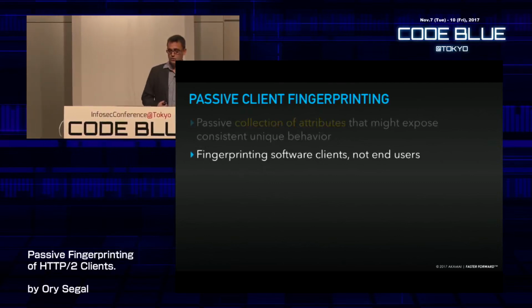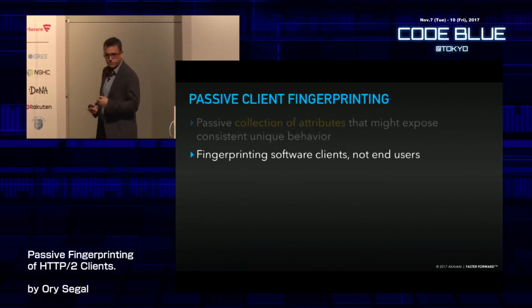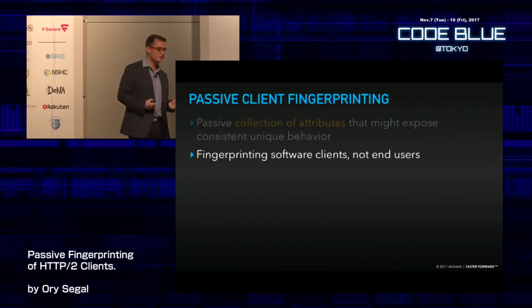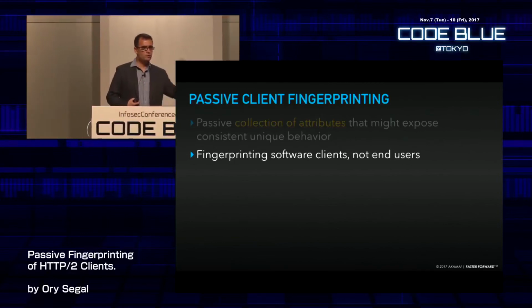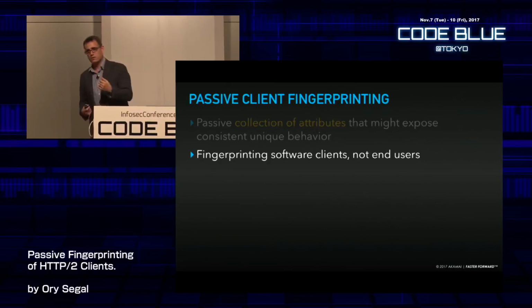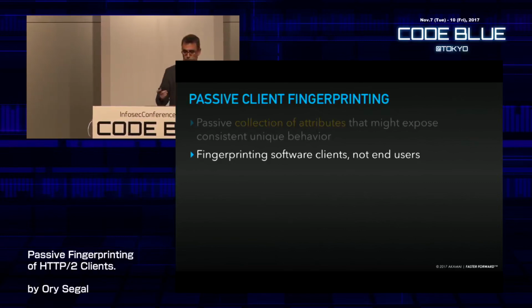We can usually fingerprint software clients, not end users. I'm not interested in tracking users, maybe others are. But we're trying to understand who's speaking to us, what kind of web server, what kind of client, what kind of browser, that kind of fingerprinting.